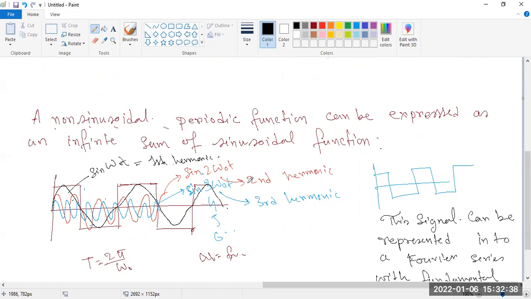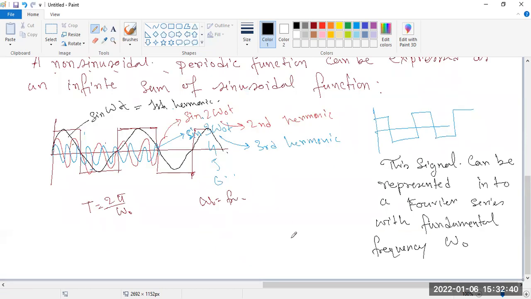Later on, one by one, I am going to go into this in depth. Look, the Fourier series can be represented in two ways. The first one is the complex exponential, and the other one is the trigonometric expression.